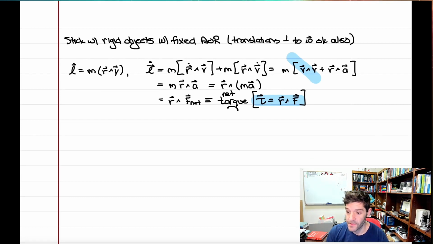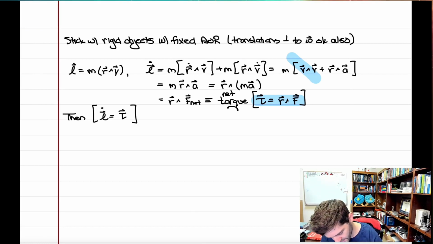So in that case, what does this say at the end of the day? How does angular momentum change with time? It changes by a torque being applied to an object, which is Newton's second law for rotational motion.